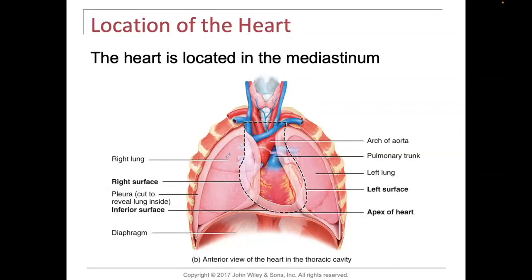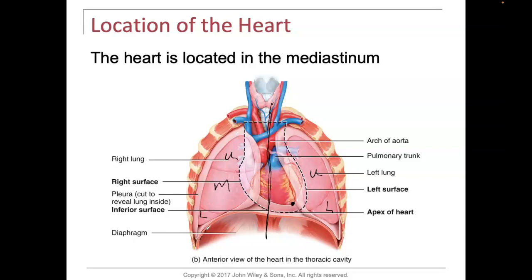When we look at it, this is what we will see. We could see the right lung has an upper lobe, a middle lobe, and a lower lobe, and the left lung only has an upper lobe and a lower lobe. We could see the heart here, and we can see that the apex, which is this portion, is to the left of midline, right? This is midline. So the apex deviates more into the left side of the body.